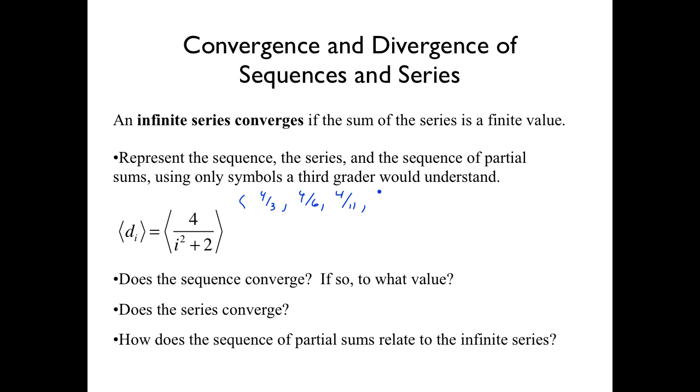What's the next one? 18. Okay. And then what would the series be? 4/3 plus 4/6 plus 4/11 plus 4/18. The series is just where we take all the terms of the sequence and add them up.